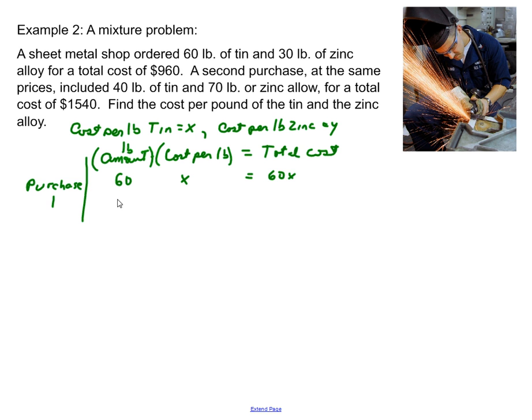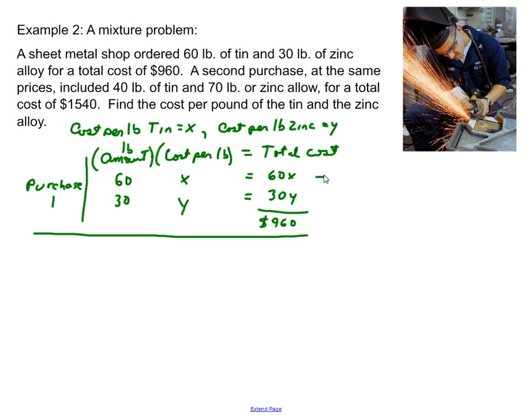And then we also ordered 30 pounds of zinc at a cost of Y dollars per pound. So that gave us a total cost of 30Y. Put that all together, and that comes out to a total purchase of $960. So our first purchase came to $960.